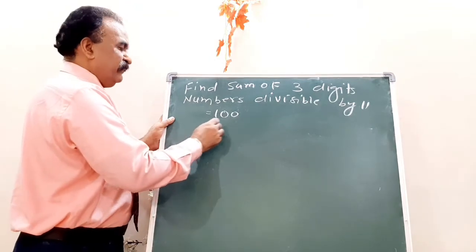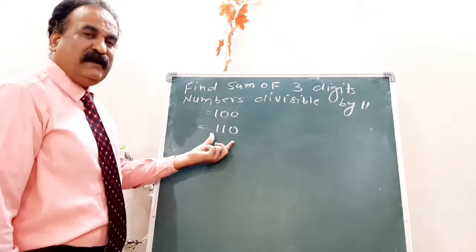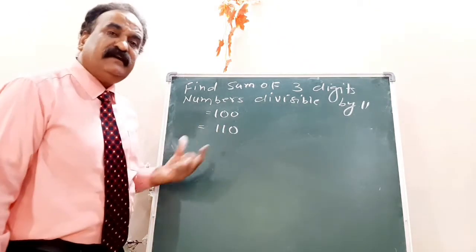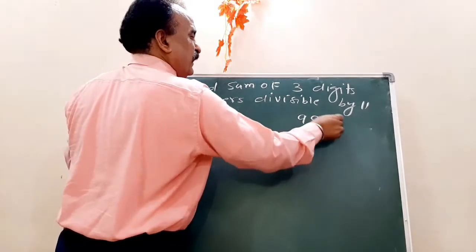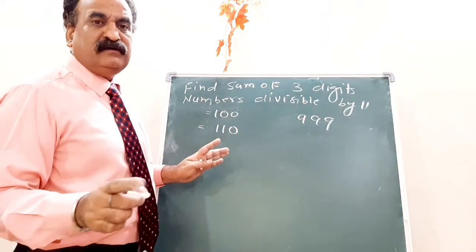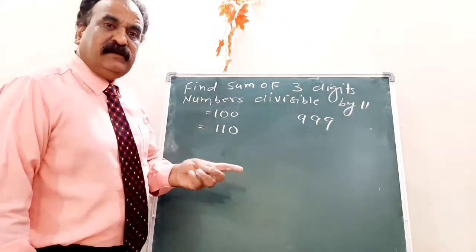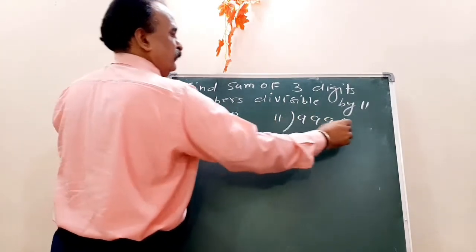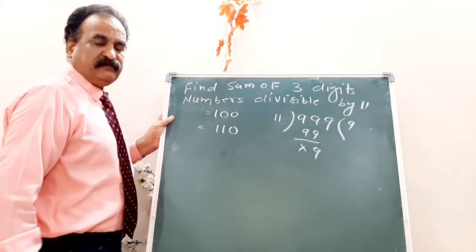It means the first term will be 110. Now you have to find the largest three-digit number. The largest three-digit number is 999, but 999 is not divisible by 11. Now the question is how to find the last number which is divisible by 11. For that, just divide by 11. 11 nines are 99, and 9 is left.